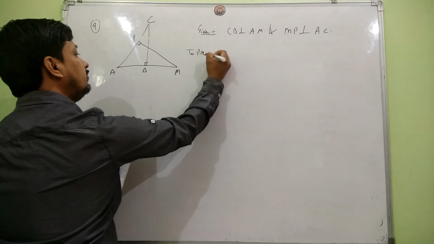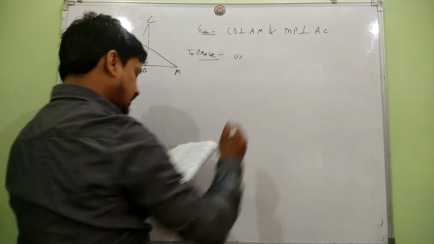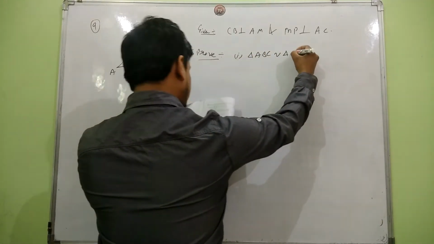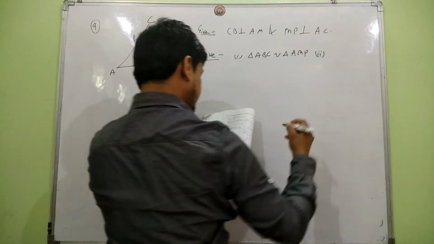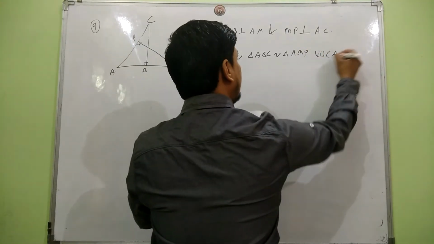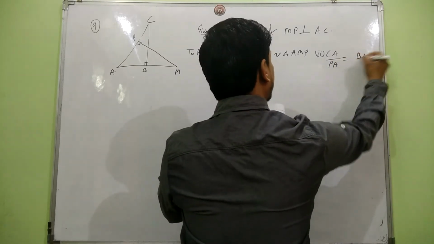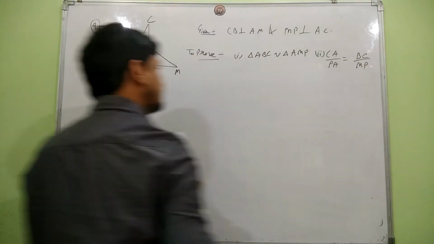We have to prove two things. The first thing is triangle ABC is similar to triangle AMP, and the second thing is CA upon PA is equal to BC upon MP. So how to prove this?